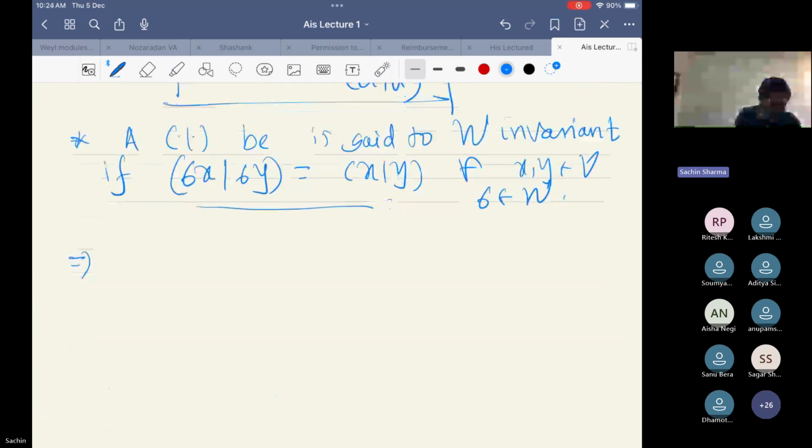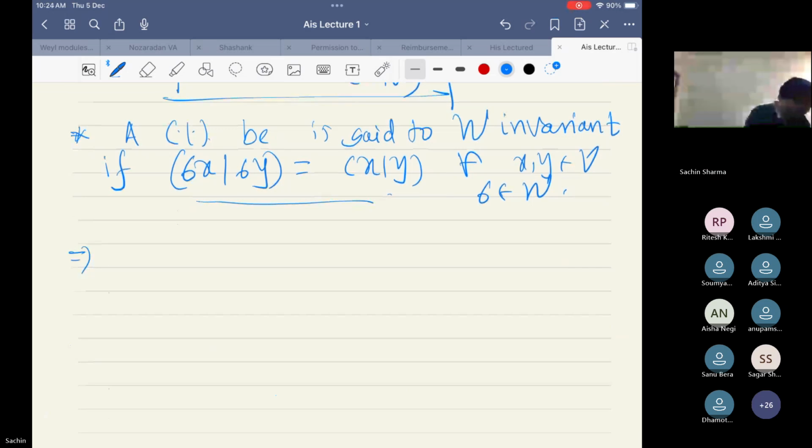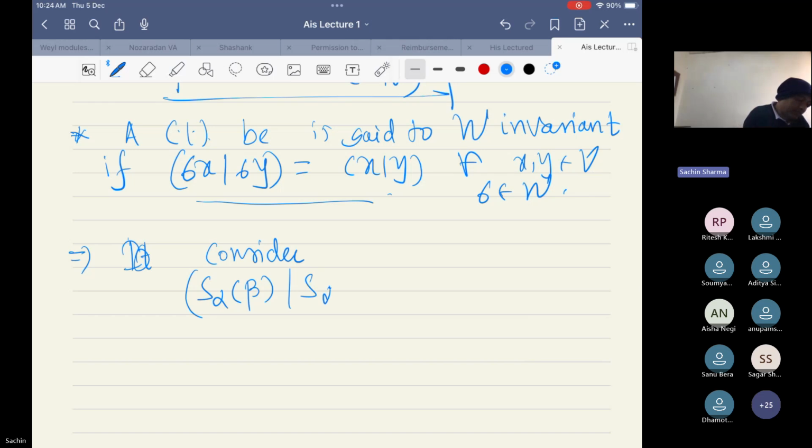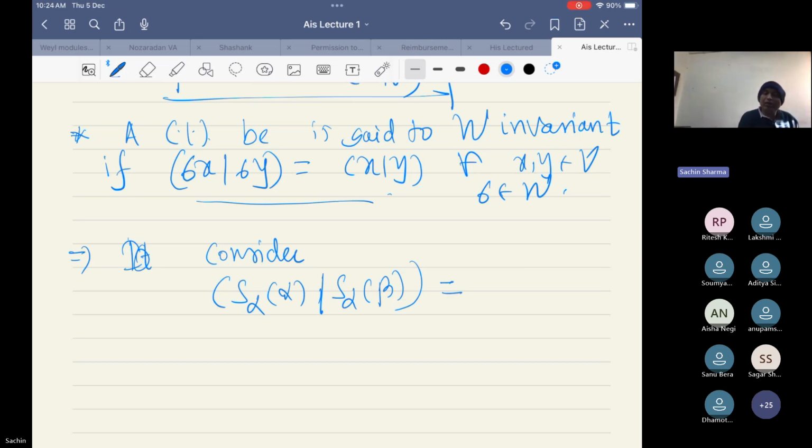So let us try to prove it. Consider S alpha of beta, sorry, which by the invariantness is alpha beta.